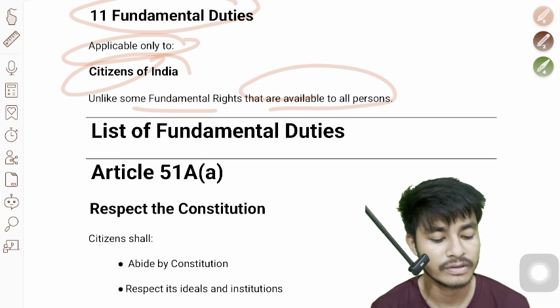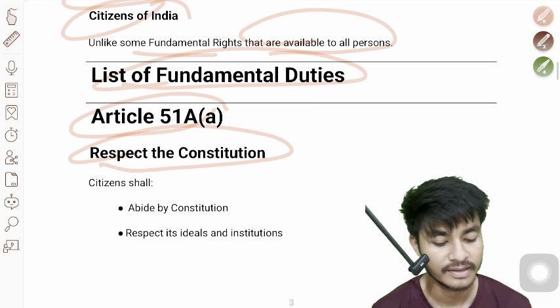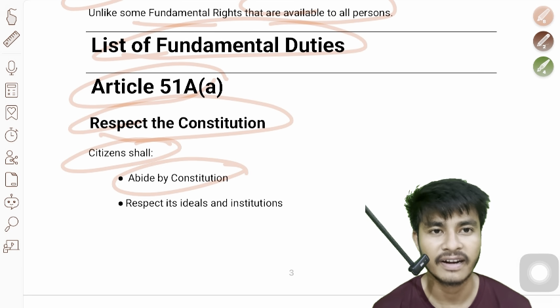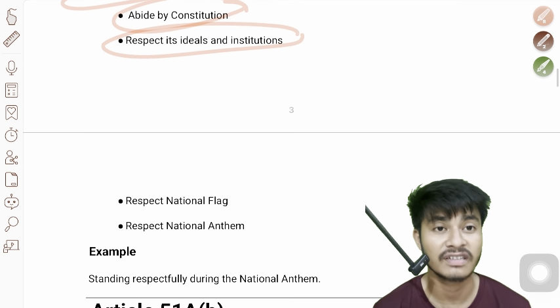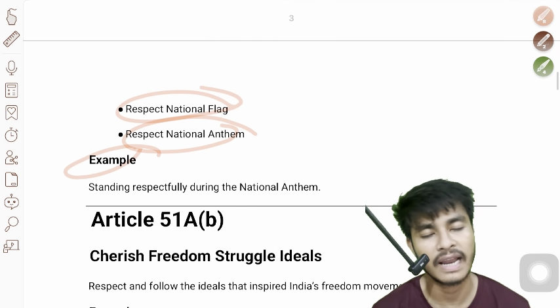List of fundamental duties. Article 51A, subclause A: respect the Constitution. Citizens shall abide by the Constitution, respect its ideals and institutions, respect the national flag, and respect the national anthem. Example: standing respectfully during the national anthem.